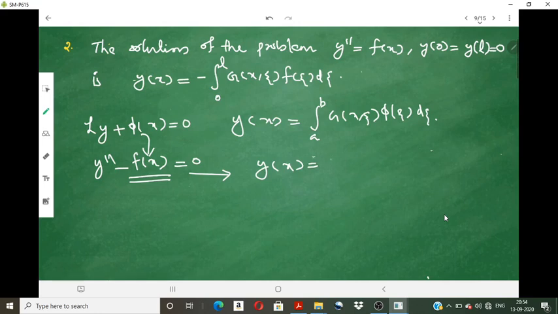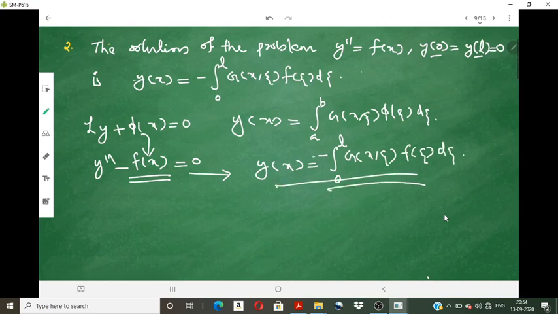The lower and upper limits are 0 and L respectively. So it is the integral from 0 to L of g of x theta into minus f of theta d theta, that is, minus the integral from 0 to L of g of x theta f theta d theta. Thus we have the solution in this form. Okay, let's stop here.